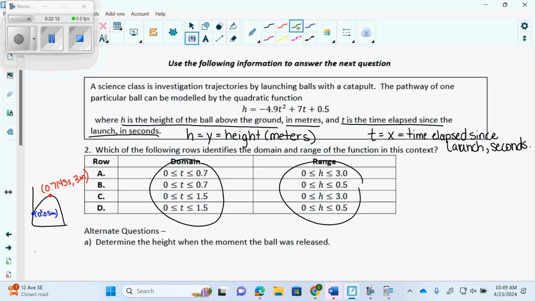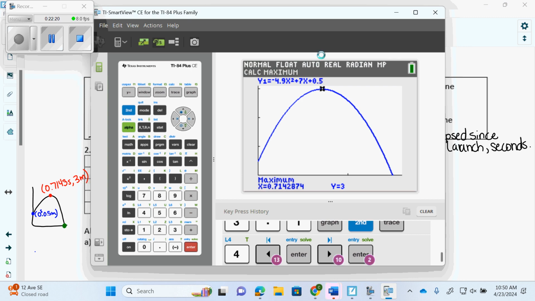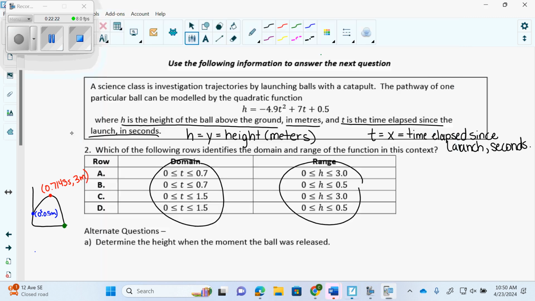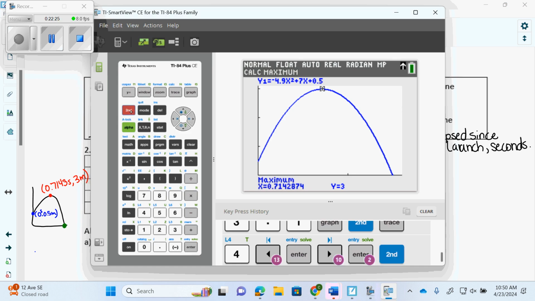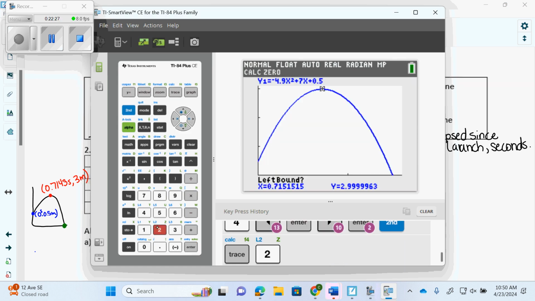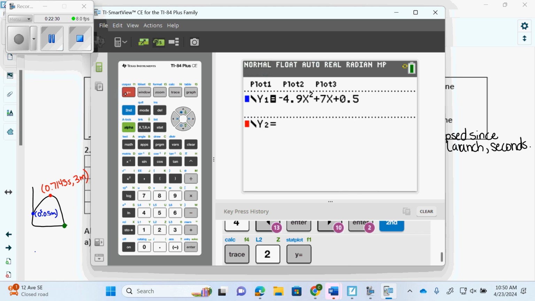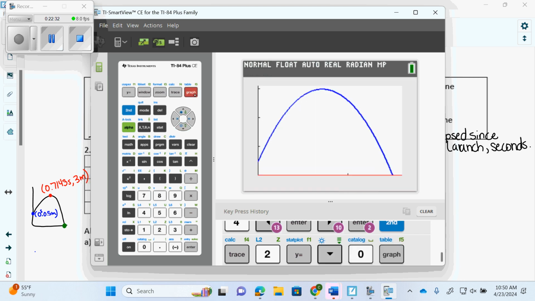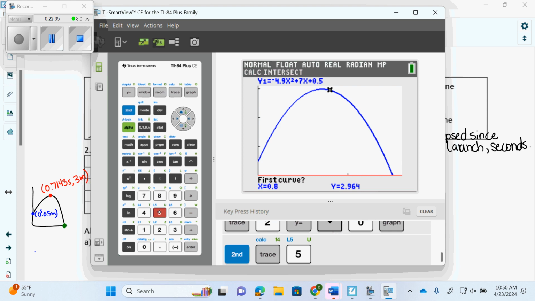And then my x-intercept, I said you can do it one of 2 ways. You can go second trace number 2, and then left bound above it, right bound below it. Or you could make your y2 be 0, and then find out where they intersect. That was another option. Enter, enter, enter.